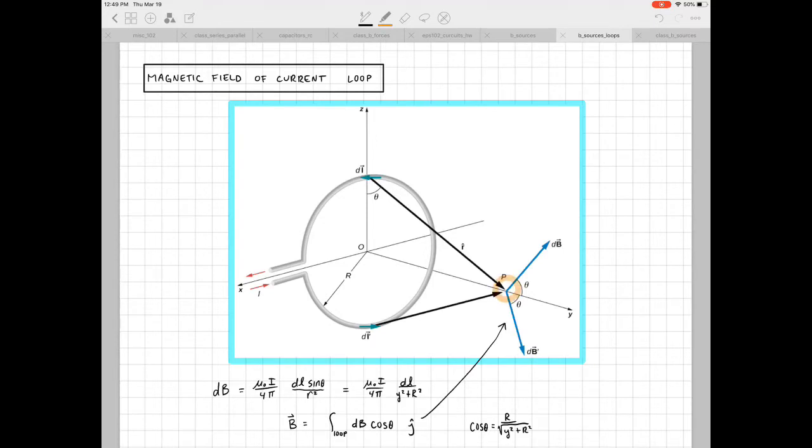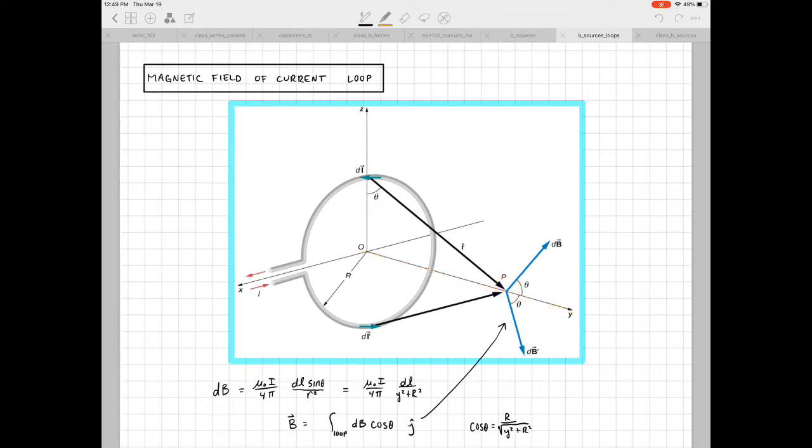So we want to figure out the magnetic field along the central axis. The loop is centered on the y-axis here, and so we are trying to find the magnetic field, both the strength and the direction, at any point along the y-axis, right? So that's what we're going to try to do.